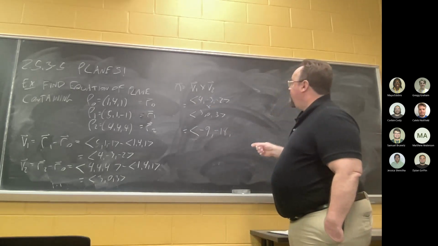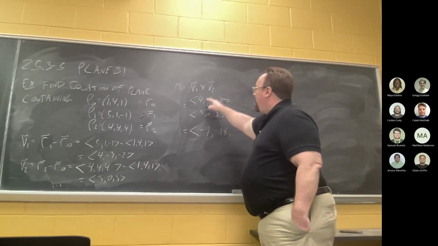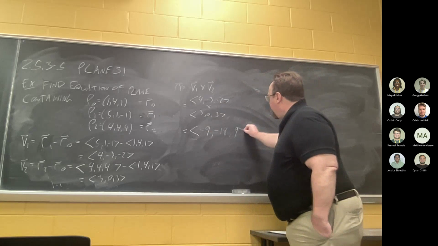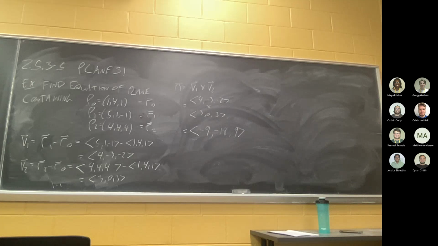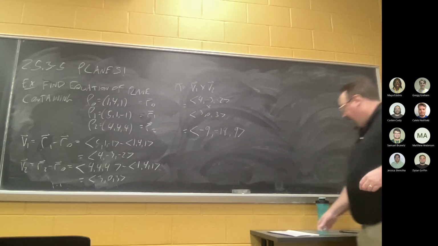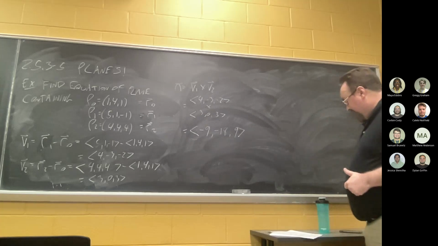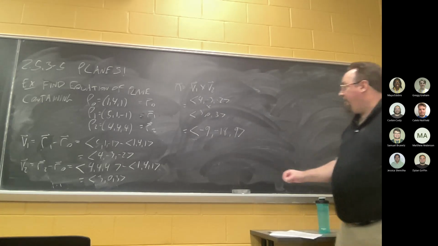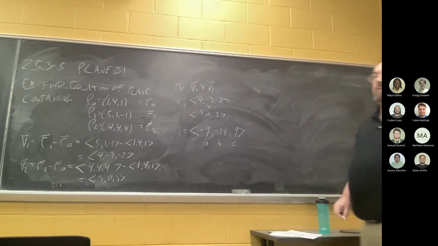And then for the z component, I have 4 times 0 minus 3 times 3. So minus minus gives me a plus, so I have plus 9. So that is a vector that is normal to the plane. So these are the coefficients A, B, C for the equation of my plane.